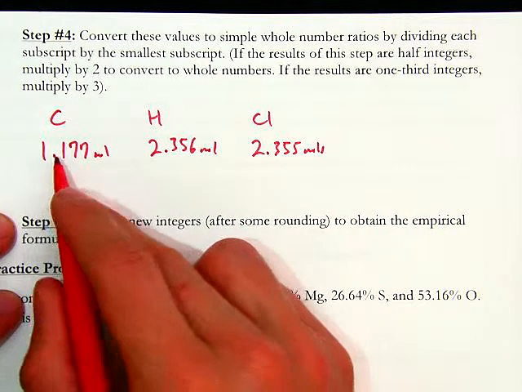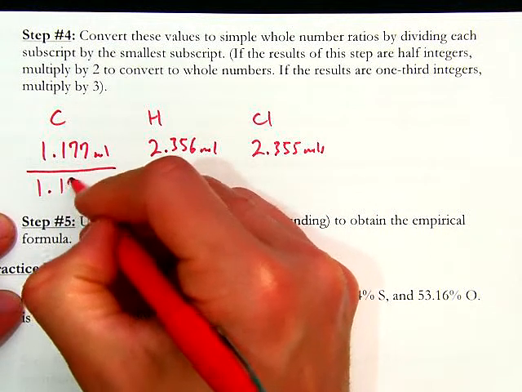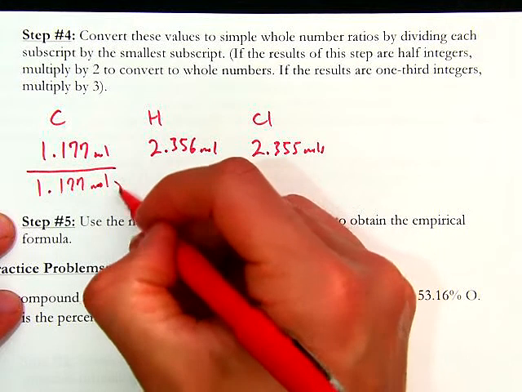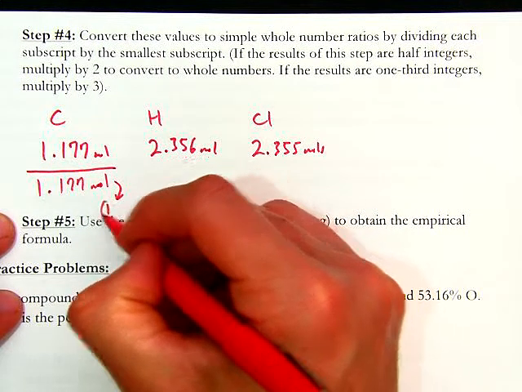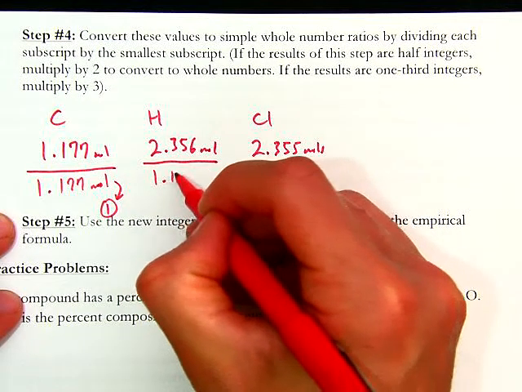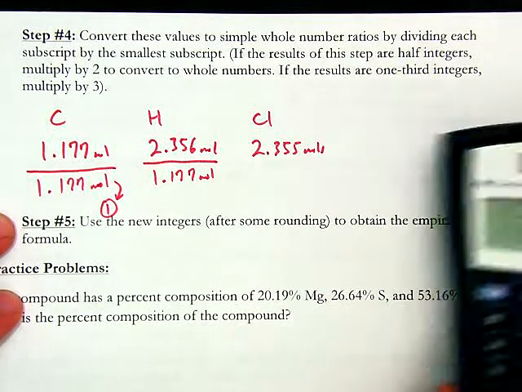The smallest number, this is the smallest one. If I divide this by 1.177, right? You divide that number by itself, that gives you 1. If I take this number and I divide it by 1.177, see what we get, right?